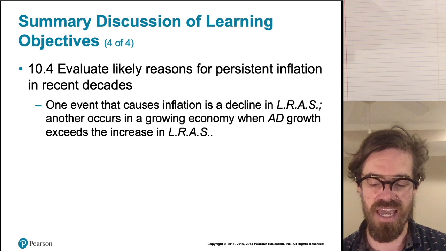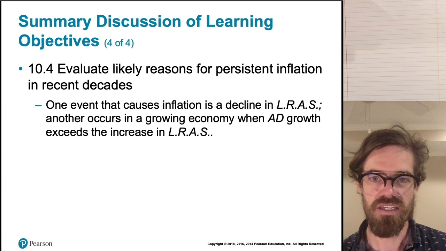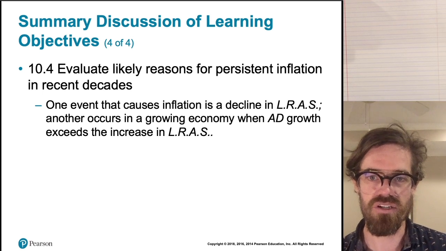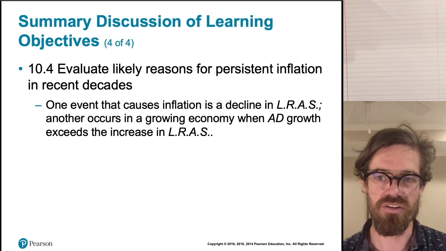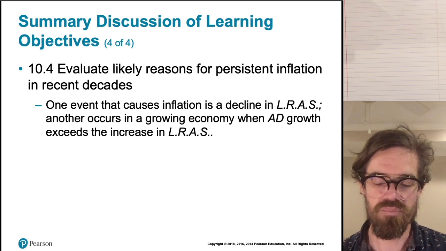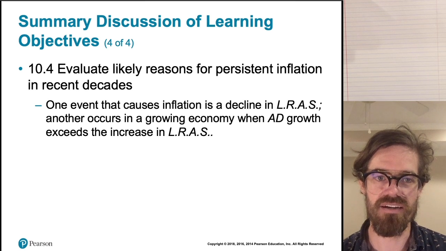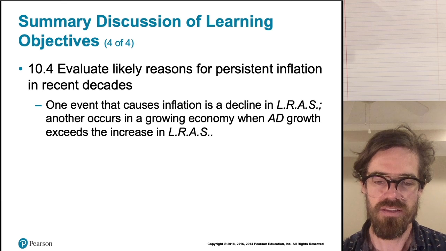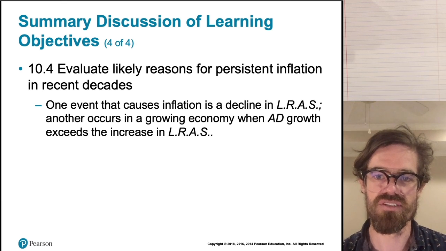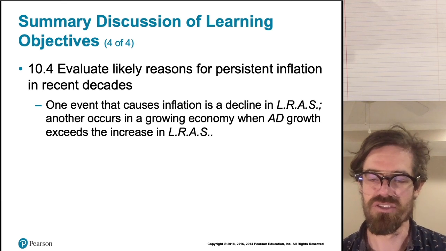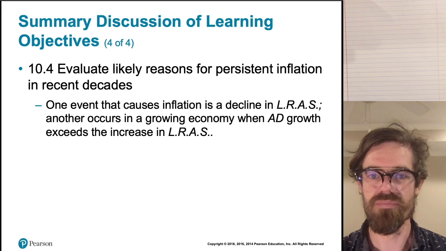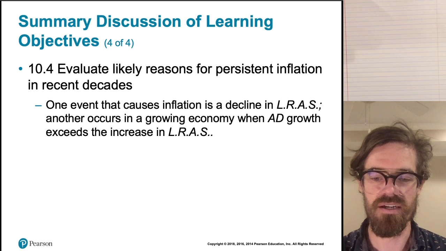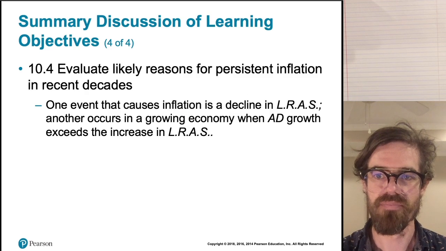And then if that's happening, the only way to get inflation is for aggregate demand to also shift to the right, but by an amount more than long run aggregate supply. But there is a possibility for us to have supply side inflation as well, which happens when the long run aggregate supply curve shifts to the left, assuming aggregate demand stays the same. But for the most part, we must be experiencing demand side inflation.